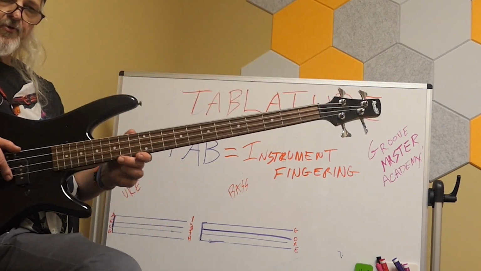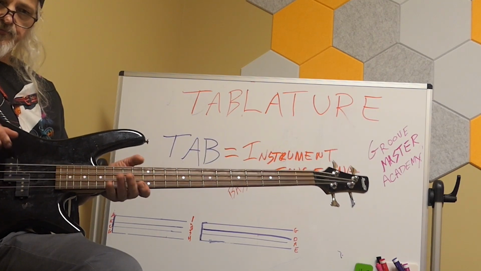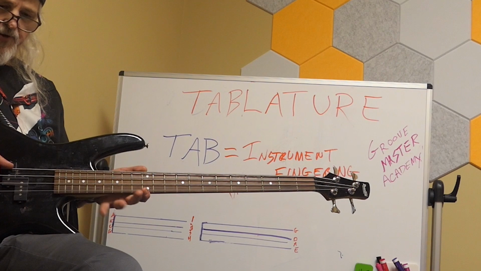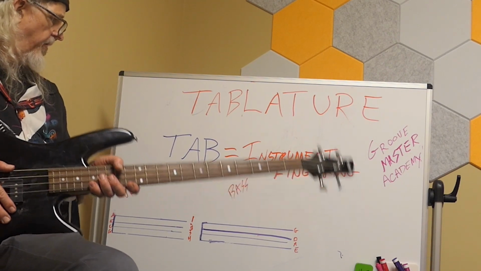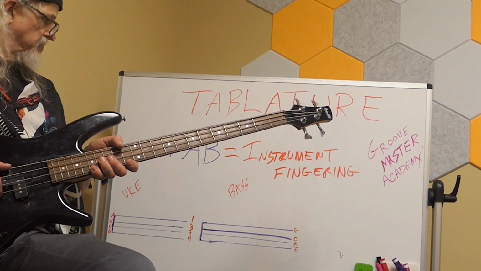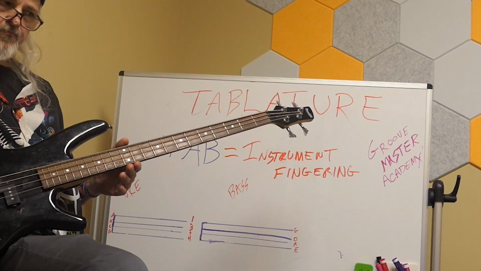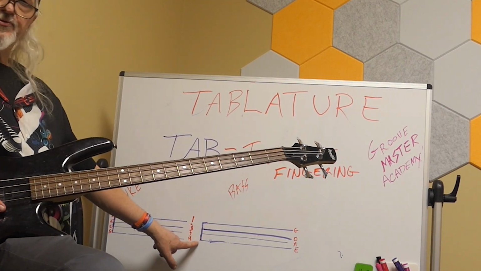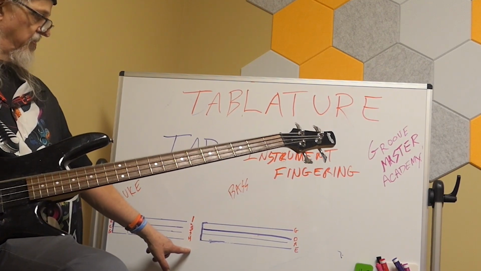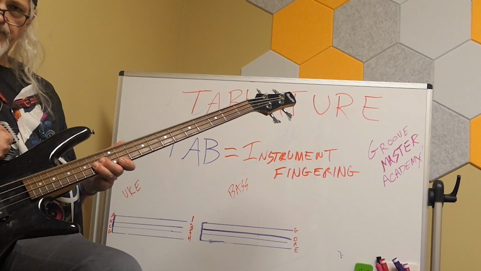We count the strings from littlest, or on the bass, littlest to thickest, or bottom to top, okay? So, top line, string 1, G. What's the bottom line here is actually our string 4, or E on the bass.